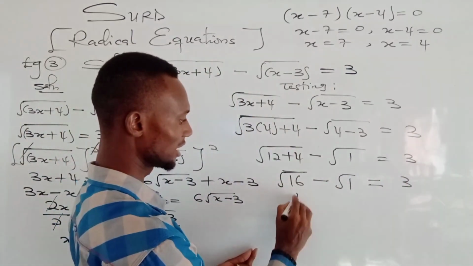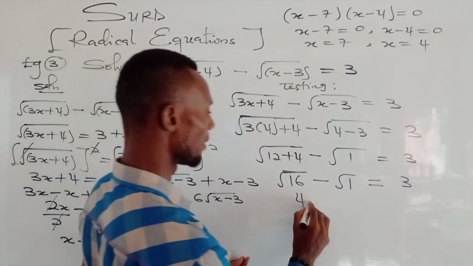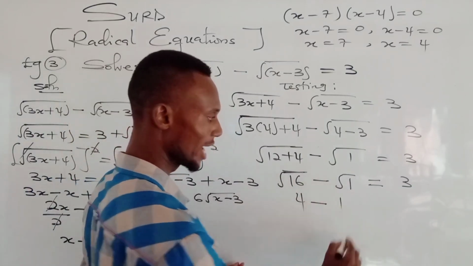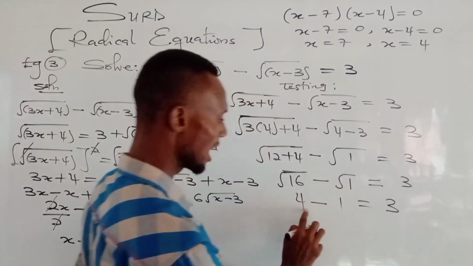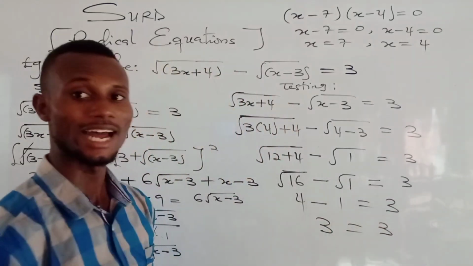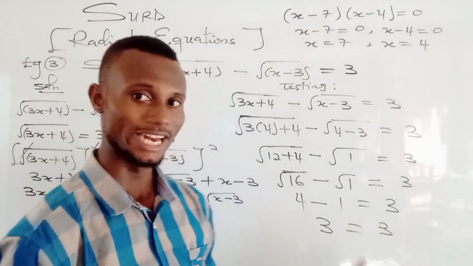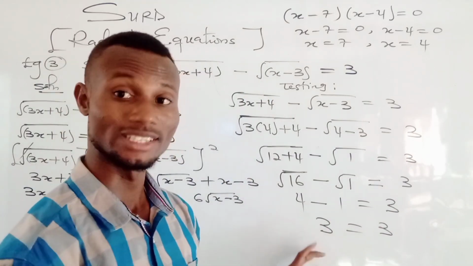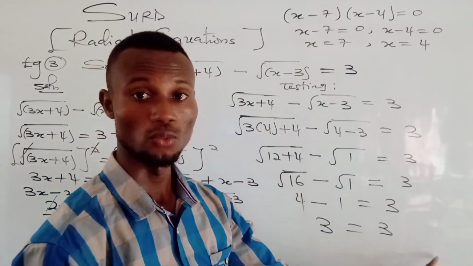Square root of 16 is 4, I hope you agree with me. Minus square root of 1 is 1, should give us 3. We are having 4 minus 1, which is 3, equals 3. You can see that we have a value at the left hand side of the equation which is the same as the right hand side.